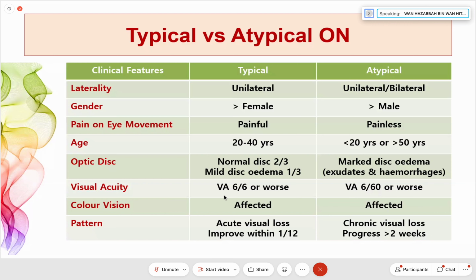Most of the atypical cases are a little bit older. Okay, but sometimes they present quite young also. The most important here is the optic disc swelling. Okay. Of course, when you check the RAPD, if one eye is affected, it will be positive. Okay. And then the other appearance is quite similar, but in terms of presentation, the patient usually comes a little bit late because it's slow progress.